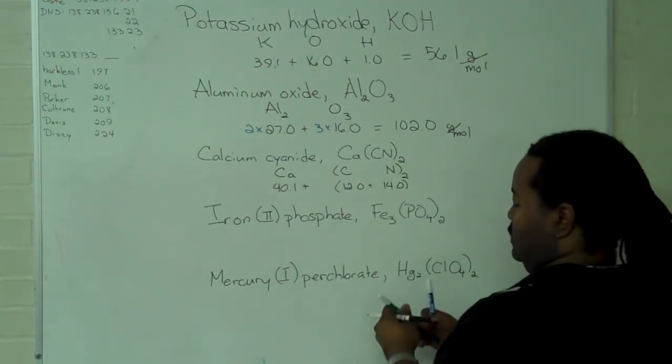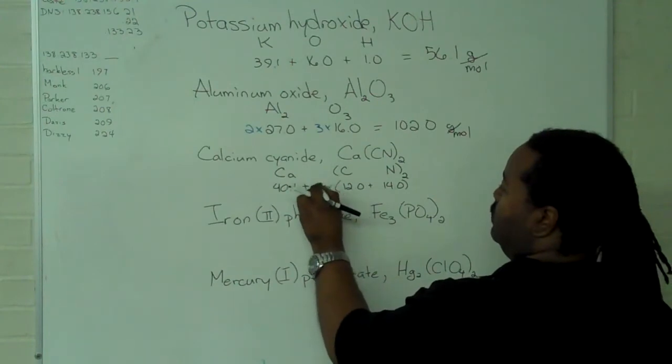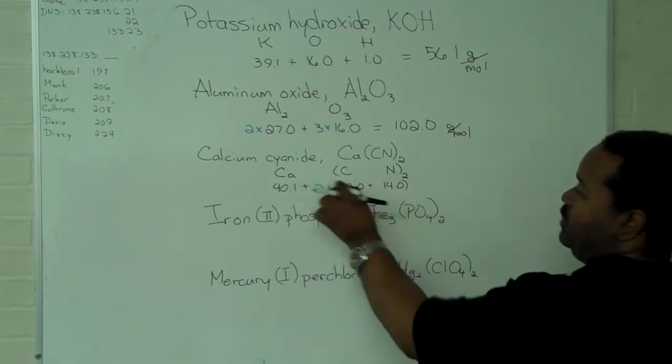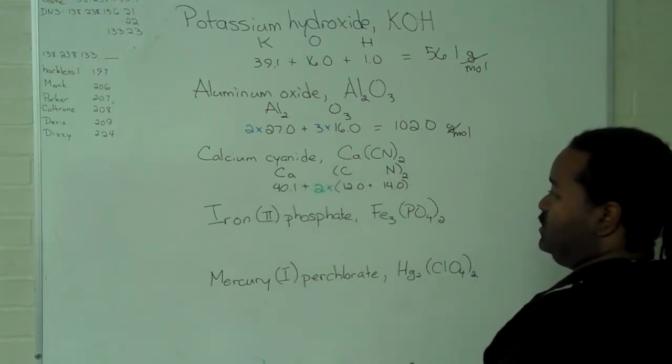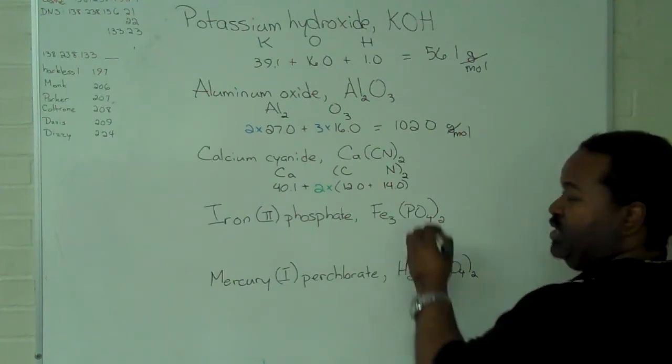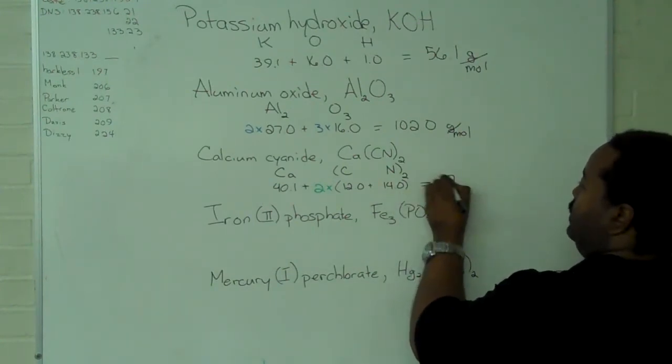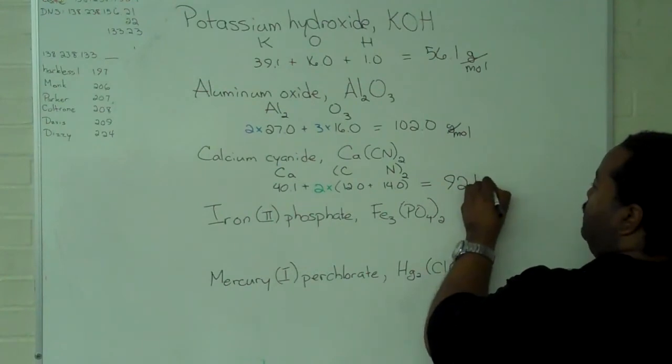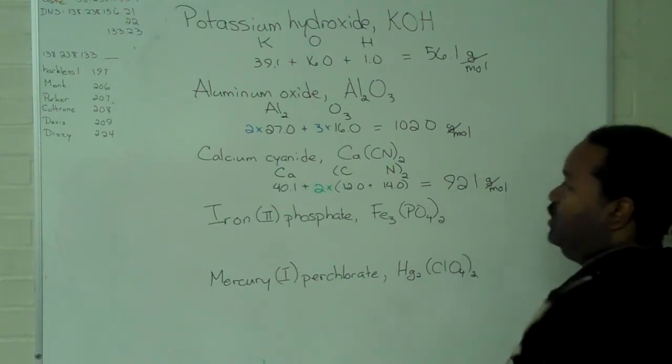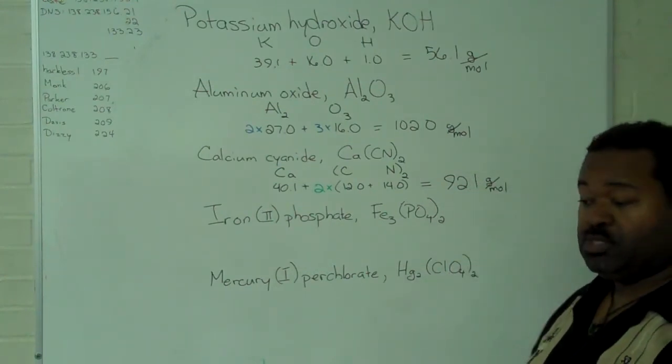And in this case, we want to multiply the entire polyatomic ion by the subscript on it. And if we multiply through and add up, we get 92.1 grams in 1 mole of calcium cyanide.